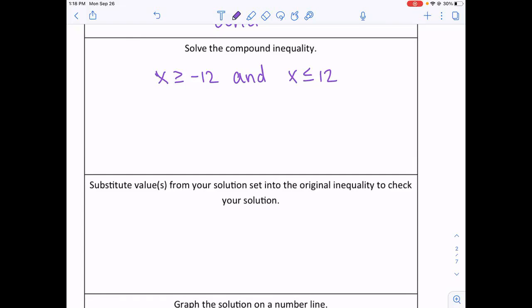Okay, now if we have an and statement, we can squish this together like a sandwich. X is less than or equal to 12 and greater than or equal to negative 12. Like it's totally okay to do that. So Gavin, I want you to pick a number that is less than or equal to 12 and greater than or equal to negative 12. 10.